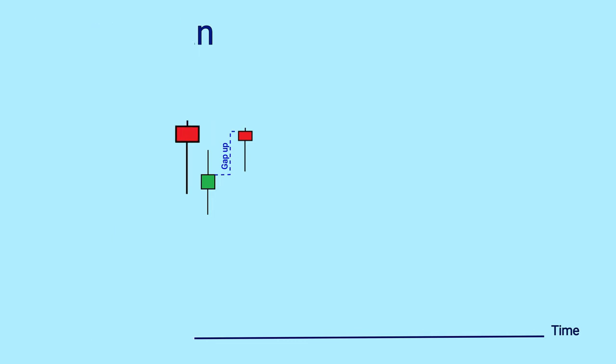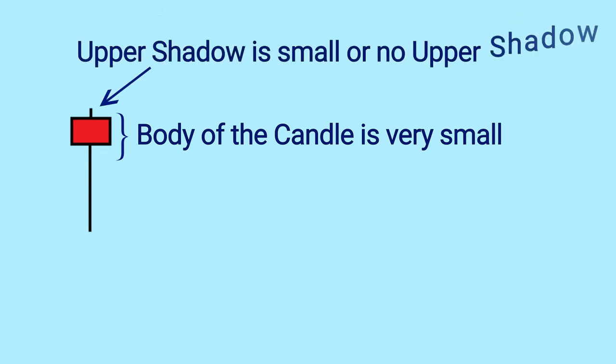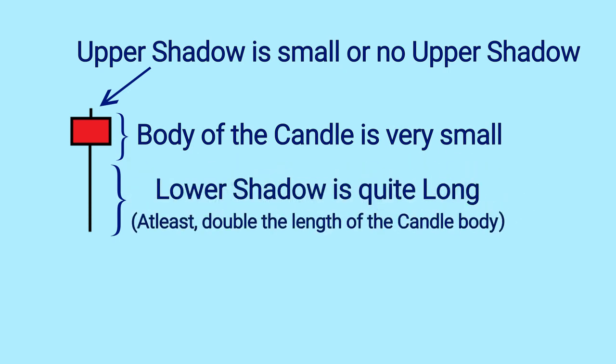So we have a candle with a small body. The upper shadow should be small or non-existent, but the lower shadow should be twice the body width. Similar to the inverted hammer, the body should be small.